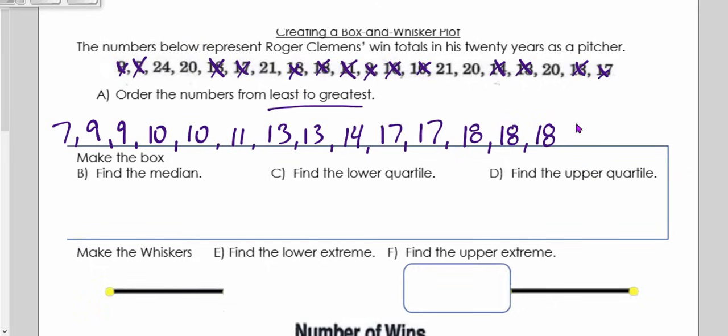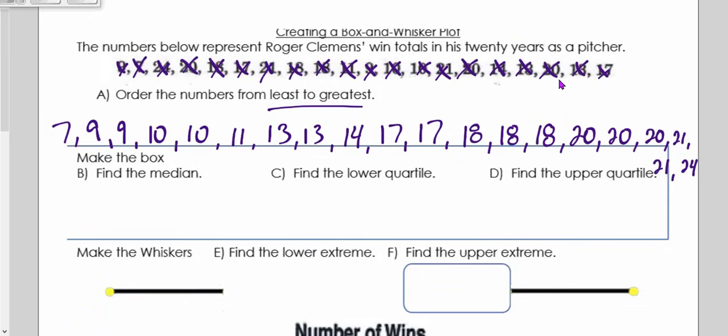Oh, sorry, 3 20s, 2 21s, and a 24. So these are describing how many wins Roger Clemens got in each of his 20 seasons. All right, got all of them.